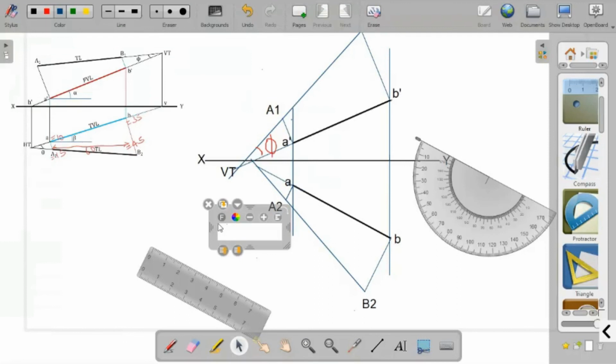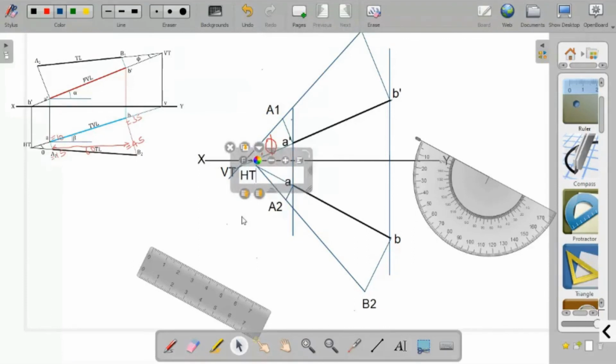Here is point HT. This is the point HT, and theta is the angle. Theta is this angle. This angle is theta. So that's it.